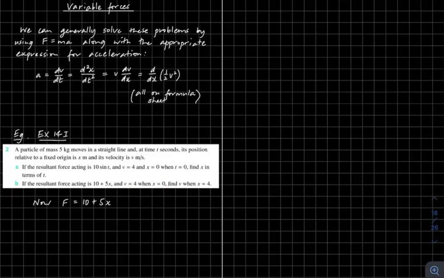Because that's what we've got here, and what we're trying to find is all to do with the relationship between velocity and acceleration. So first thing I'd say here is, therefore mass times acceleration is 10 plus 5x, and we know the mass is 5 kilograms. So we could simplify this just by dividing by 5.